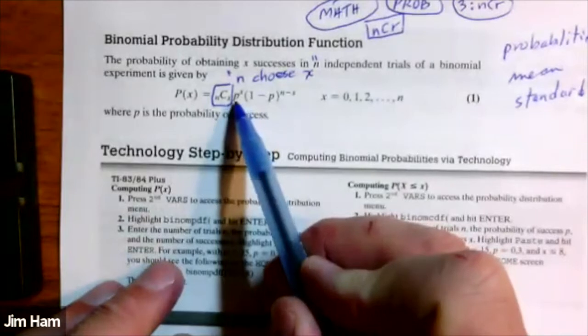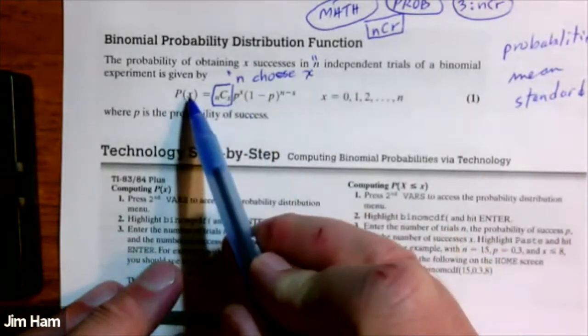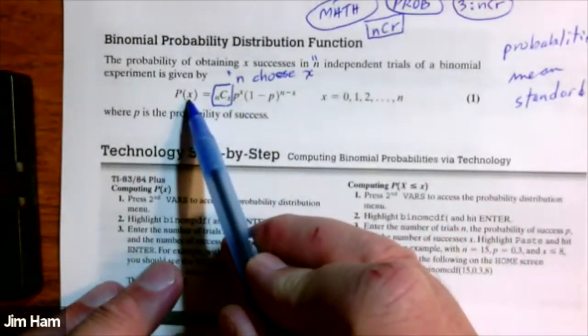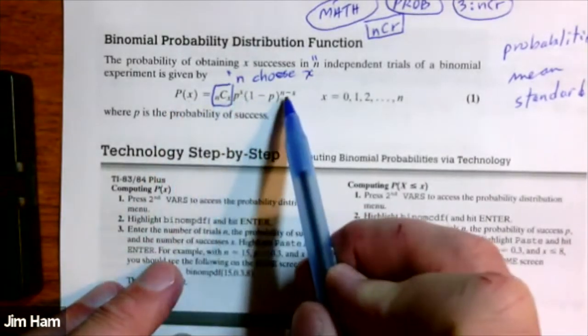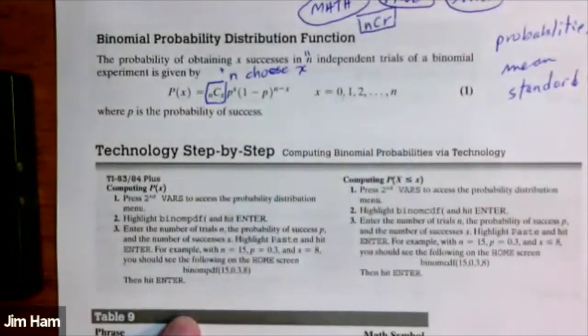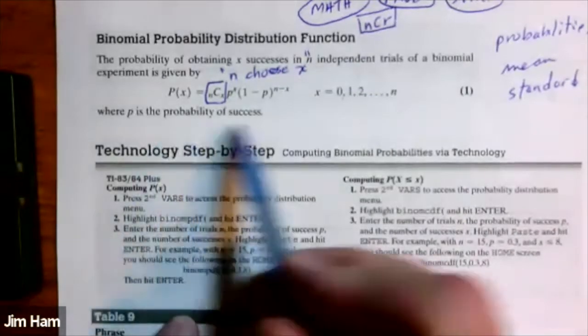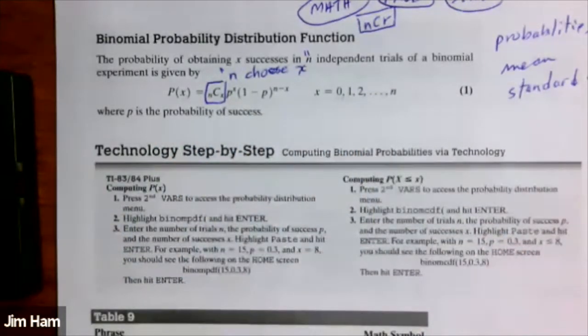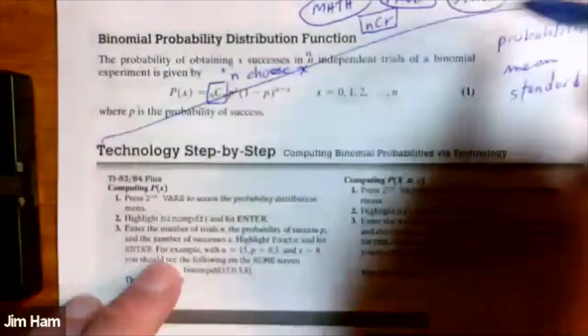P is our probability of success. X is the probability that we're trying to calculate. And then you can see X goes from 0 up to N, where P is the probability of success. So they're defining the P and the X and the N in the same way that we defined them earlier. Okay.